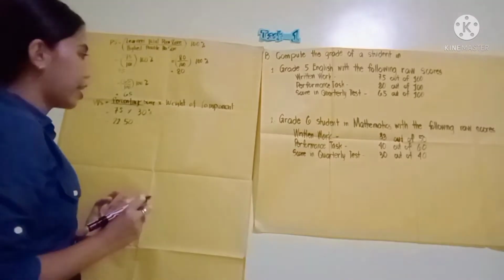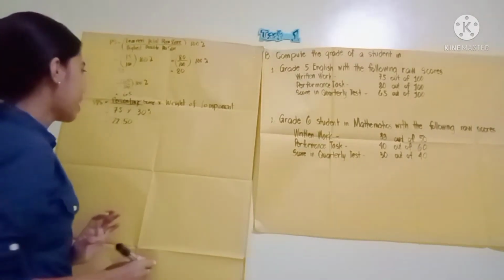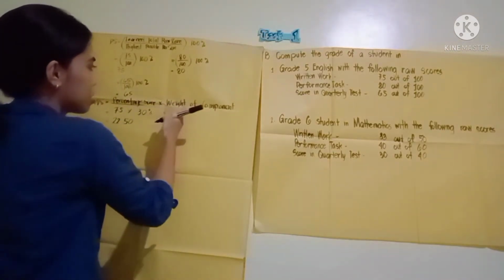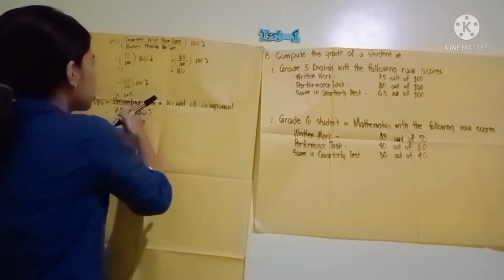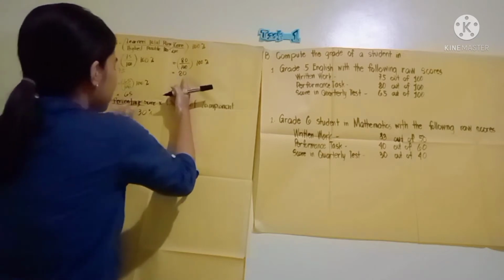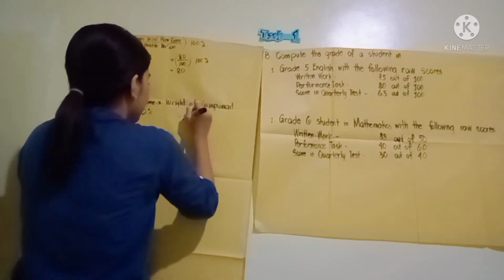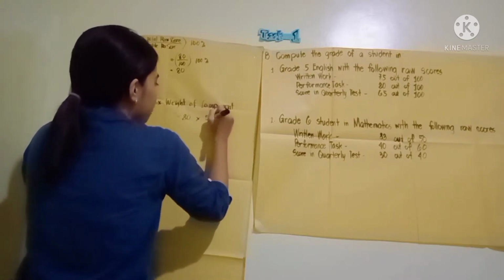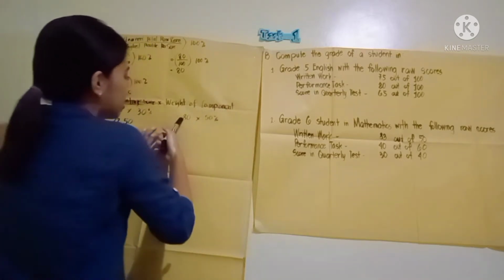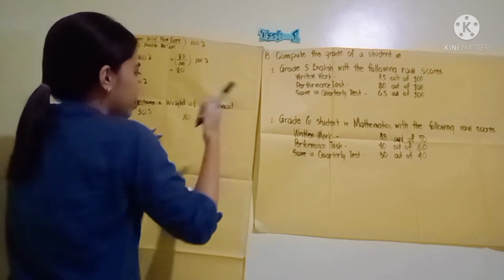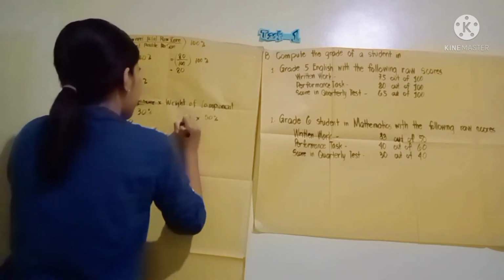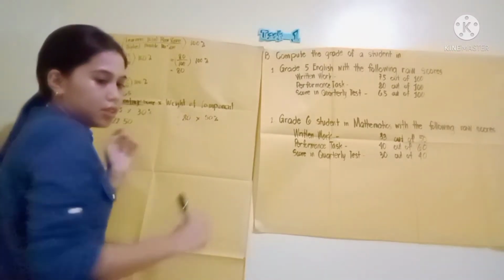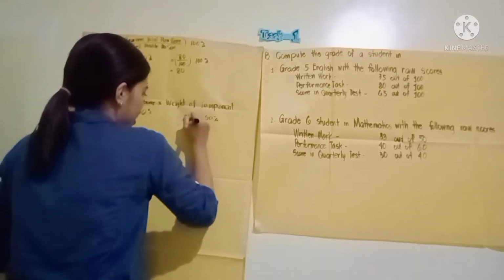So next, we need to get the weighted score of the performance task. So the percentage score times weight of component. The percentage score of the performance task is 80 multiplied by 50%, which is the weight of component of the English subject. So 80 times 50% equals 40.